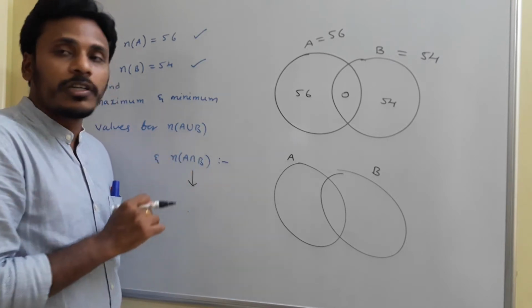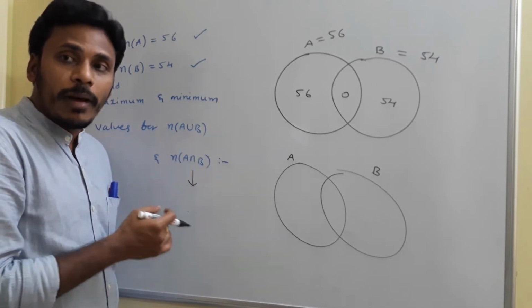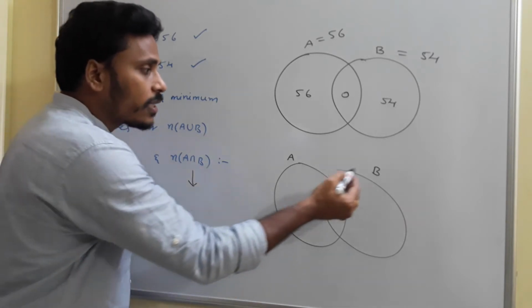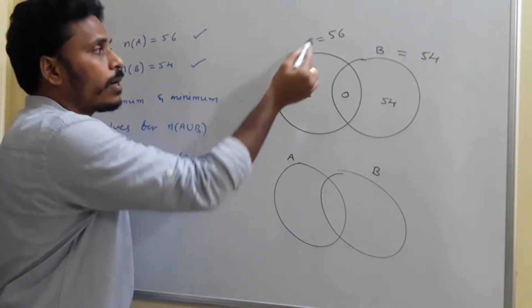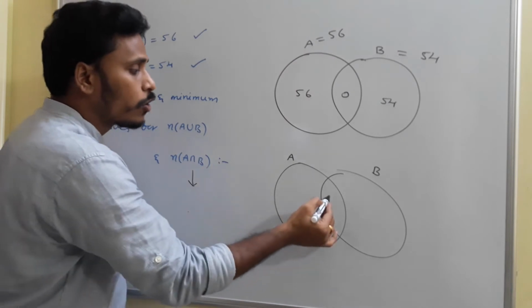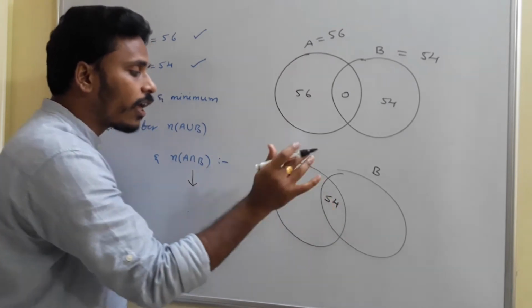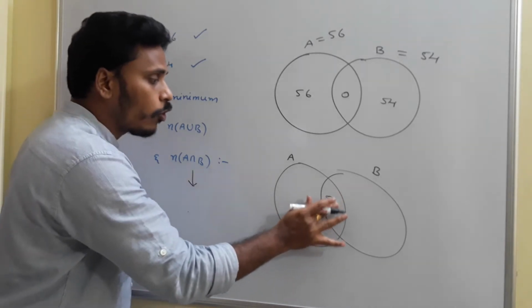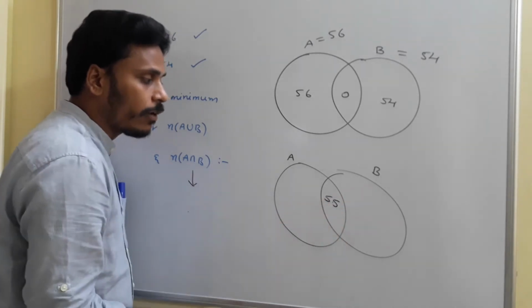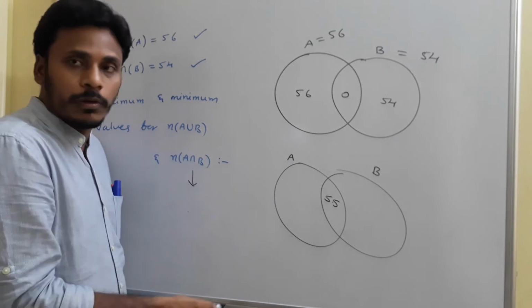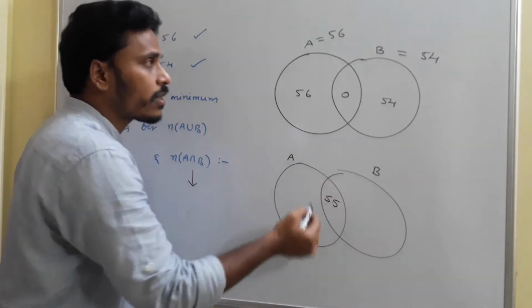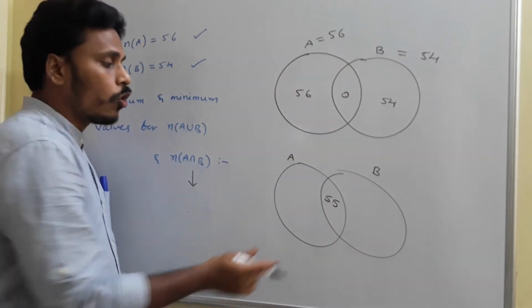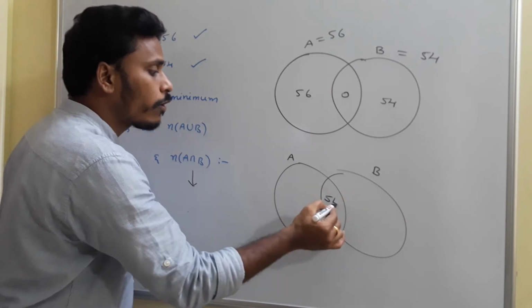Since B contains 54 elements and A contains 56 elements, the common region may contain only 54 elements. If you say it is 55, that is not possible. Why? Because the second circle must contain 54 elements. So the maximum possibility is 54 elements.